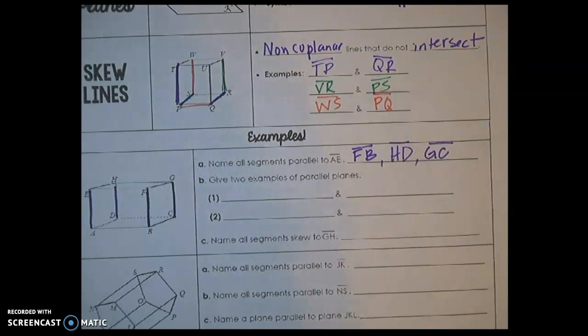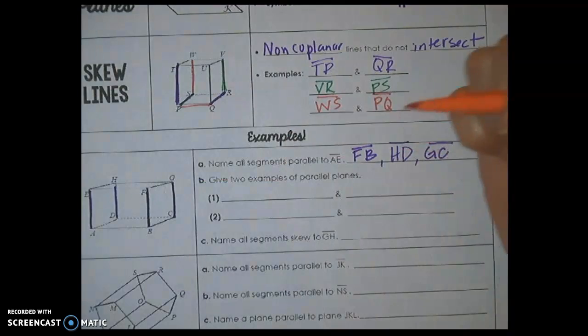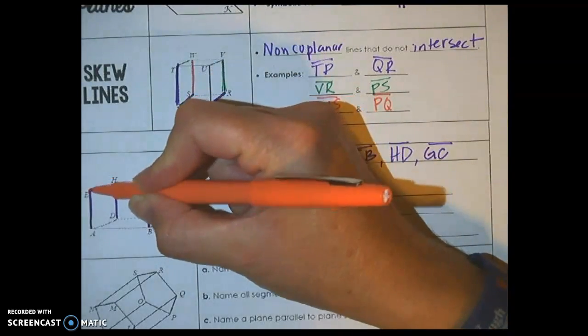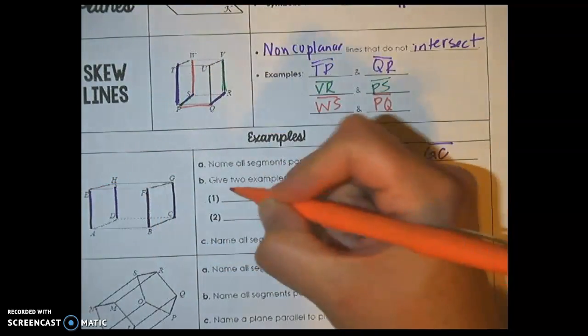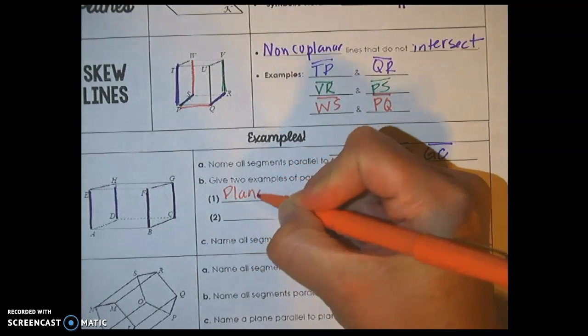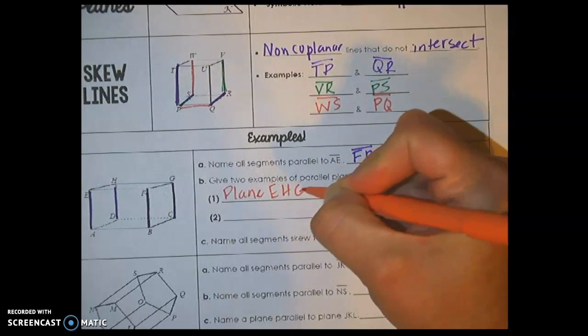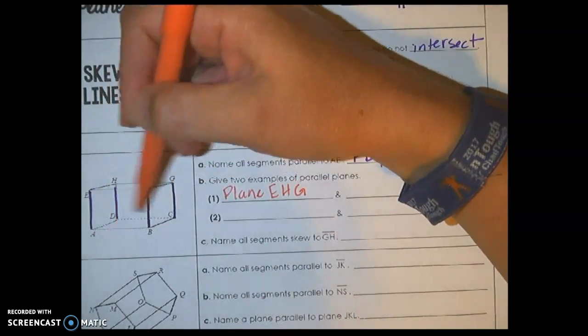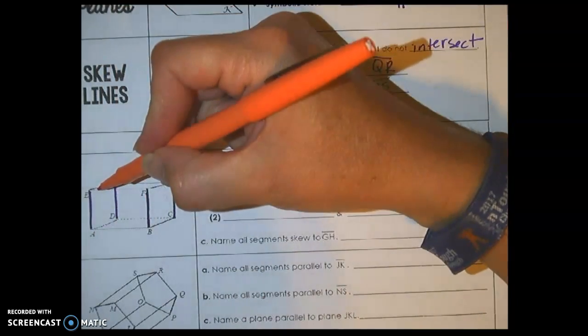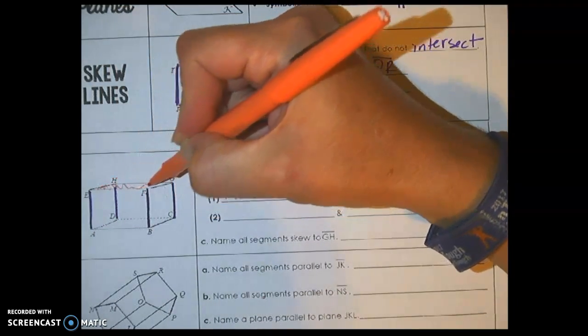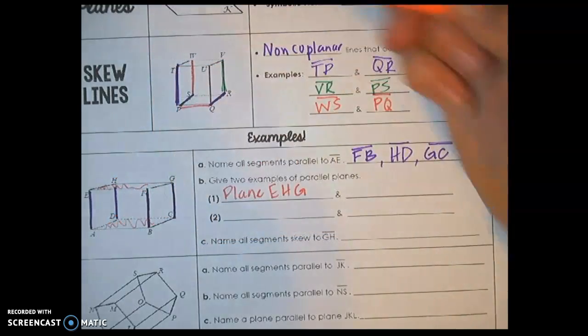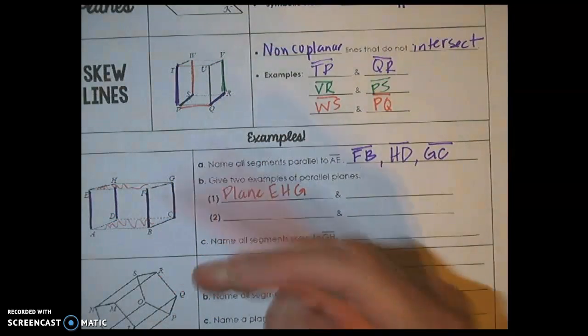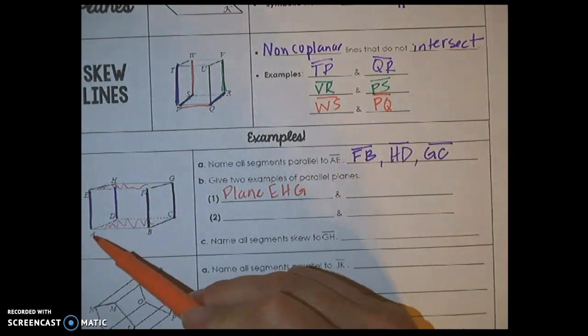When they start talking about parallel planes, you're talking about a box. So for example, if we have EHG, which is the top of the box, plane EHG is parallel to the bottom of the box down here. So we have the top of the box up here and the bottom of the box down here. And we can name that with any 3 points that don't make a line.